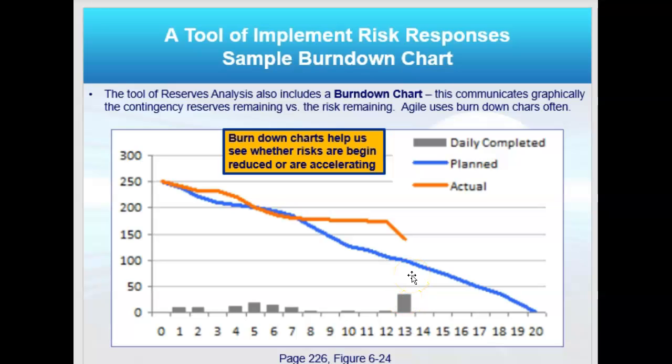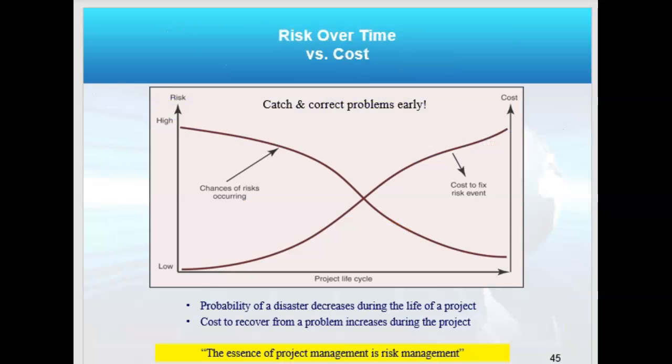So a burn down chart is going to help you see where risks are and begin to reduce or accelerate those risks. So we have the risks we planned for, the risks that have actually happened, and the daily log of them happening. And that's called a burn down chart. You want to burn down the risks to 0 when we close the project.